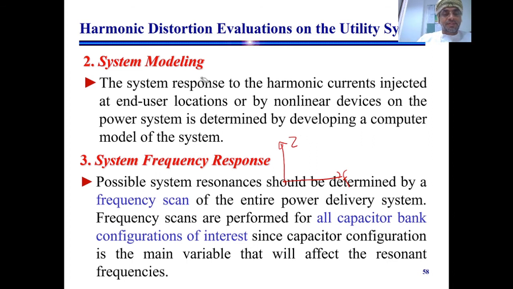So of course system modeling, and then we have to look at the frequency response, which is the impedance against the frequency, because that can cause harmonics again. Placing a filter can cause harmonics, so we need to check whether the system impedance against the frequency will be affected by the harmonics.